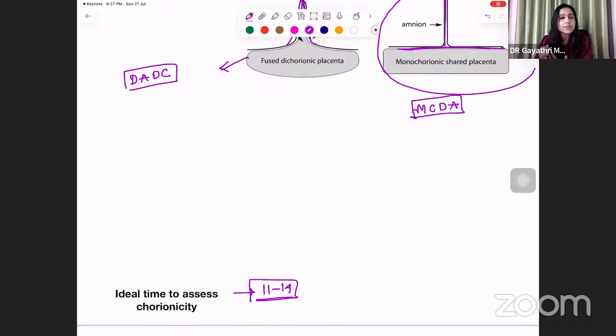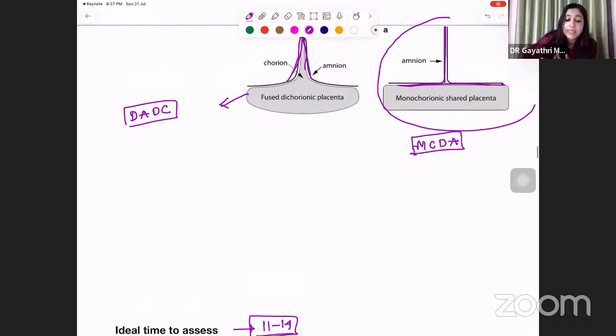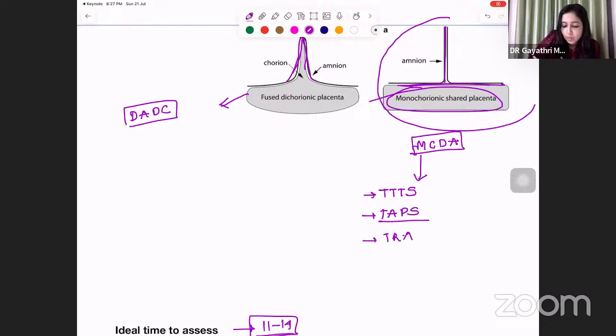In monochorionic twins, where they share a placenta, the risk of complications is more. They have complications such as TTTS, twin-twin transfusion syndrome, TAPS, twin anemia polycythemia sequence, and TRAP, twin reversed arterial perfusion. These complications are specific to monochorionic twins.